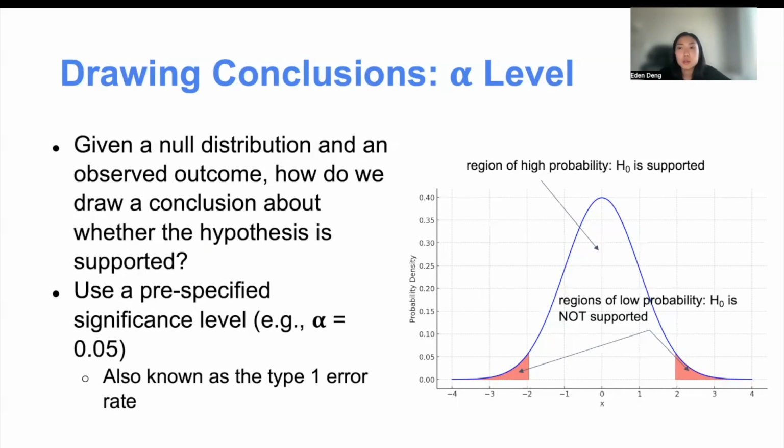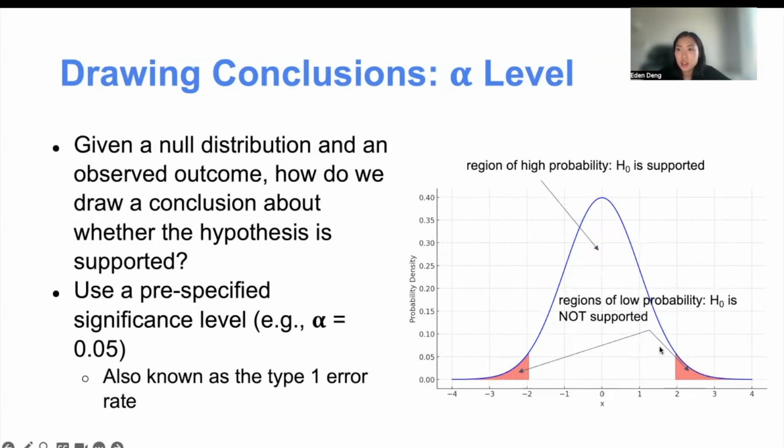An alpha of 0.05 is kind of the standard level that people will often use. And that just means that if we observe an outcome with a probability of 0.05 or less under the null hypothesis, then that is sufficient evidence for us to reject the null.